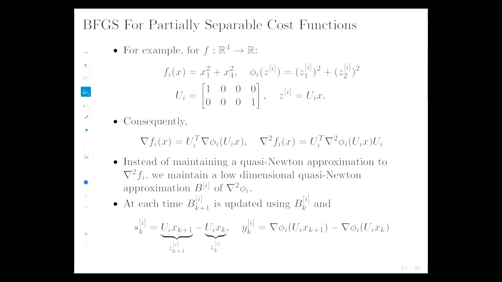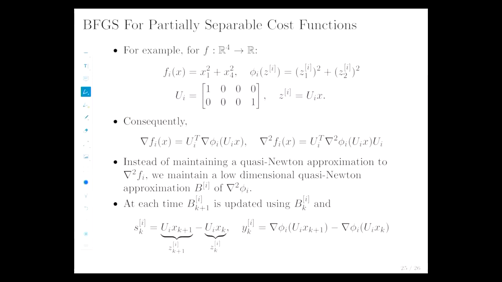So this is another example. Then I can just call them different things. I can call them z now, right? Using the chain rule, we can take derivatives. We end up getting these sort of relationships. Now, instead of constructing approximations of the overall Hessian, we can construct the approximation of the Hessians of each of those f's in that form, in terms of phi.